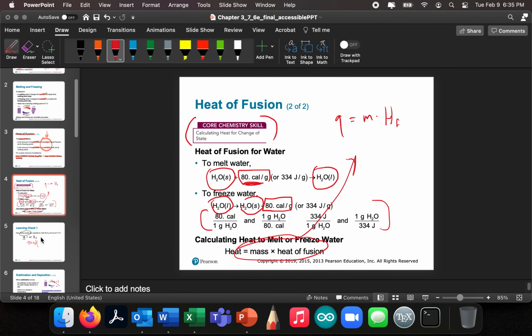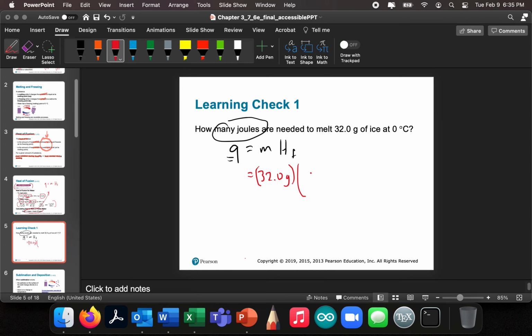Can you see I'm just going to cross my grams off and multiply? There's my answer in joules. 32.0 times 334 is equal to 10,688 joules.